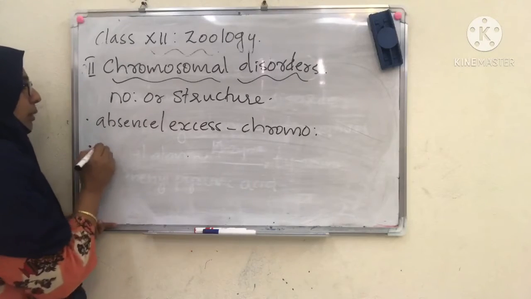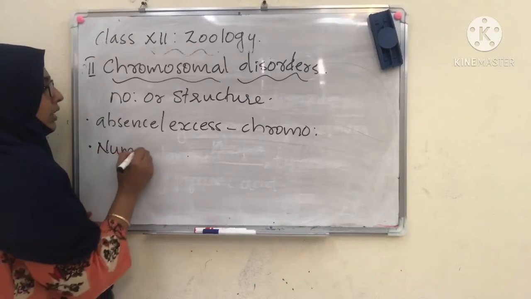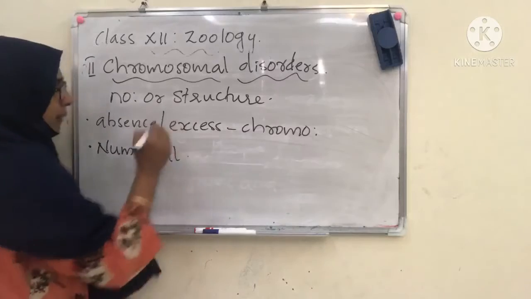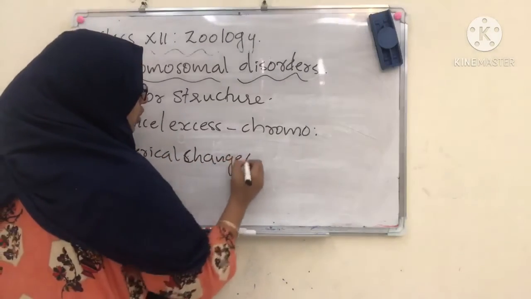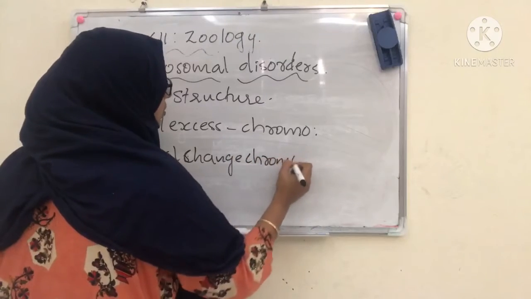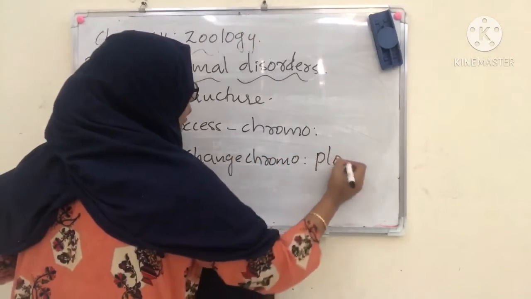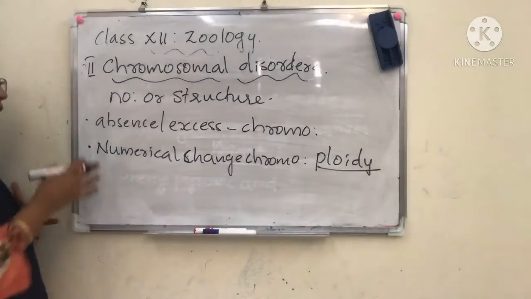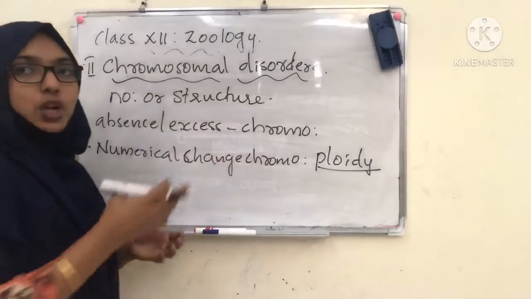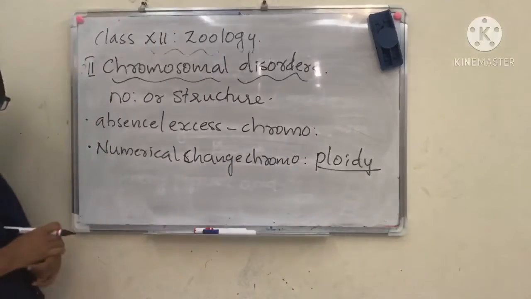So any numerical change in the number of chromosomes is termed as ploidy. What do you mean by ploidy? Numerical change in the chromosome is termed as ploidy.